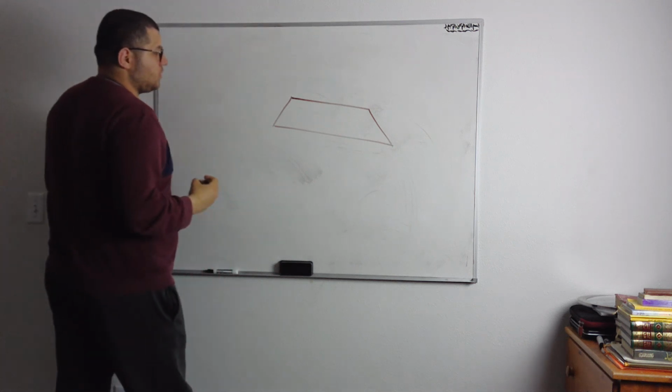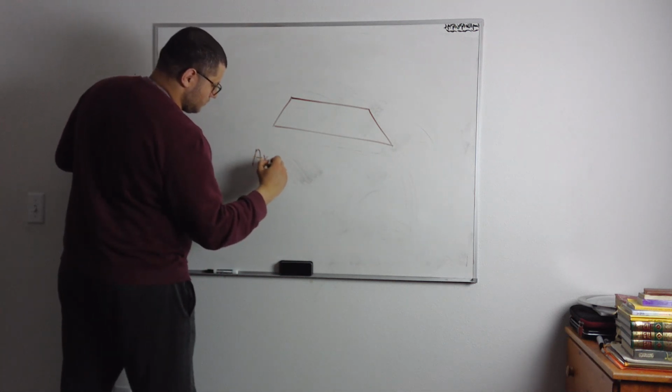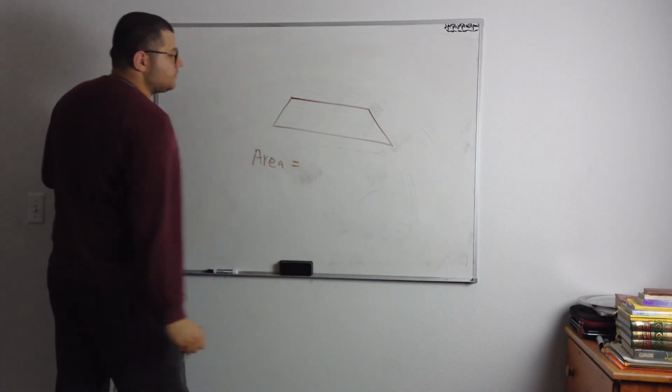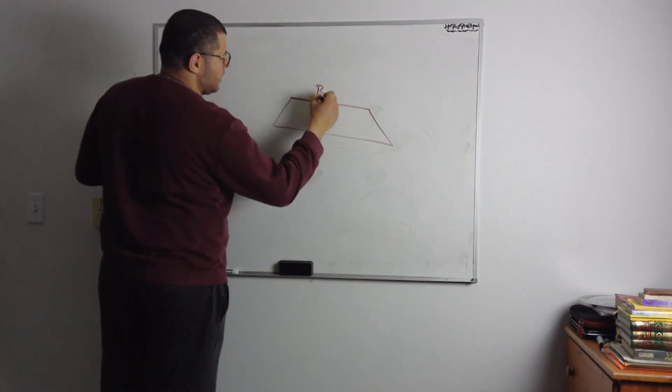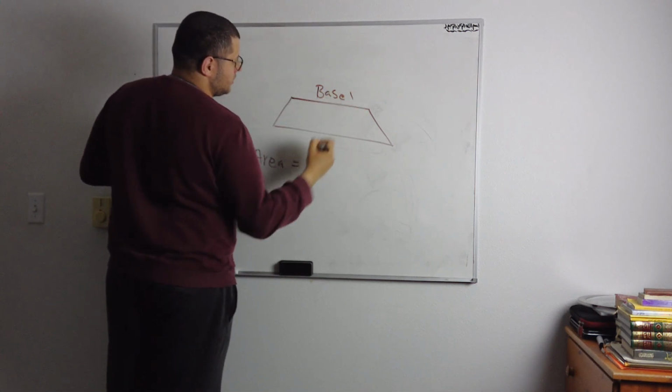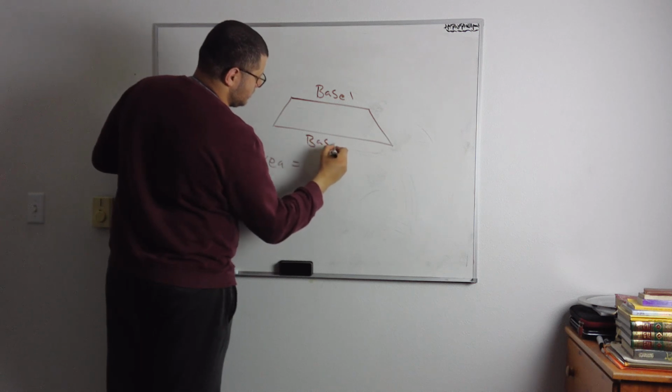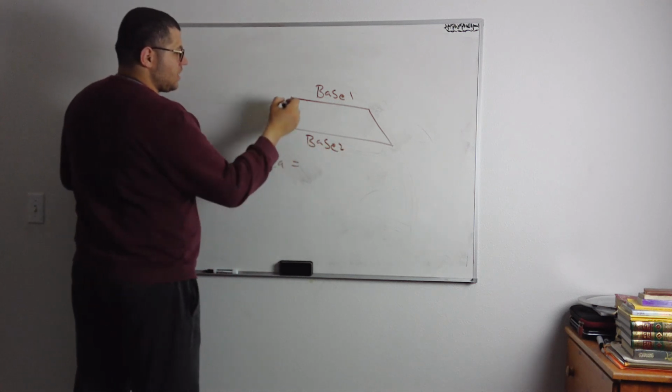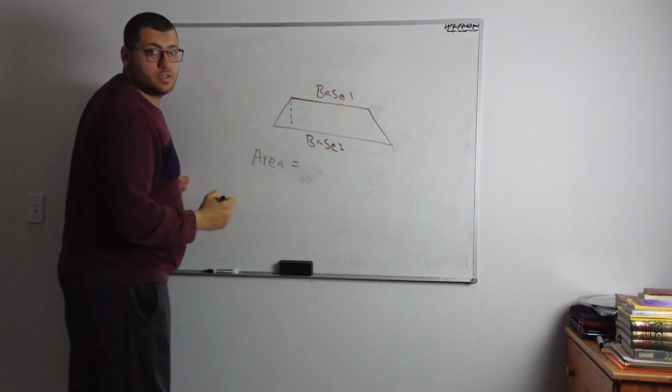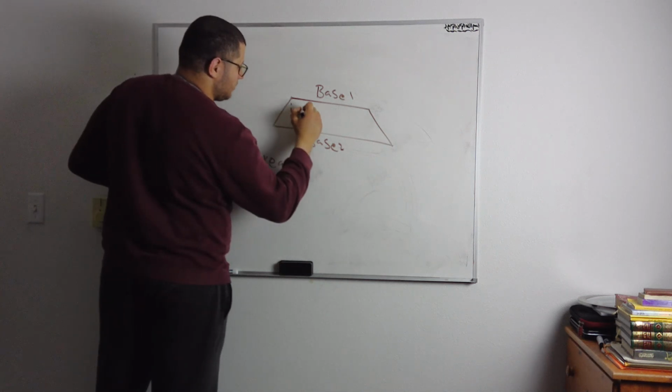So area equals what? Well, we have two bases. This is base 1 and this is base 2, and then we have the height of the shape.